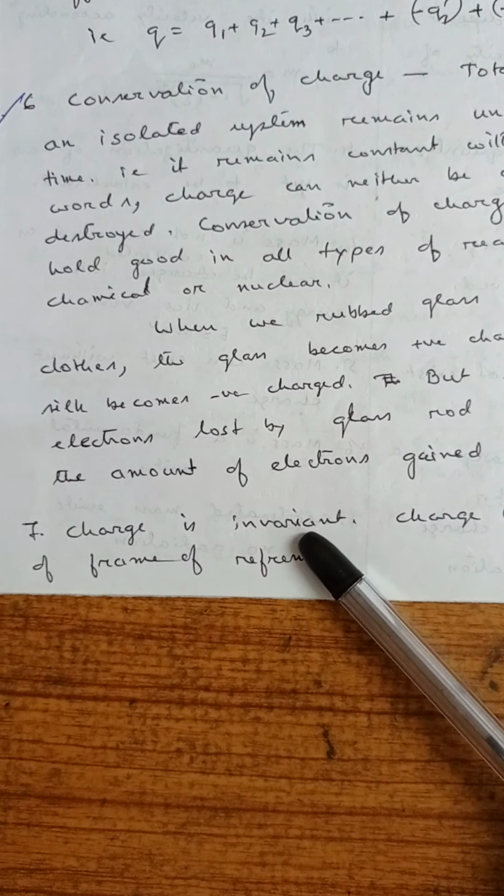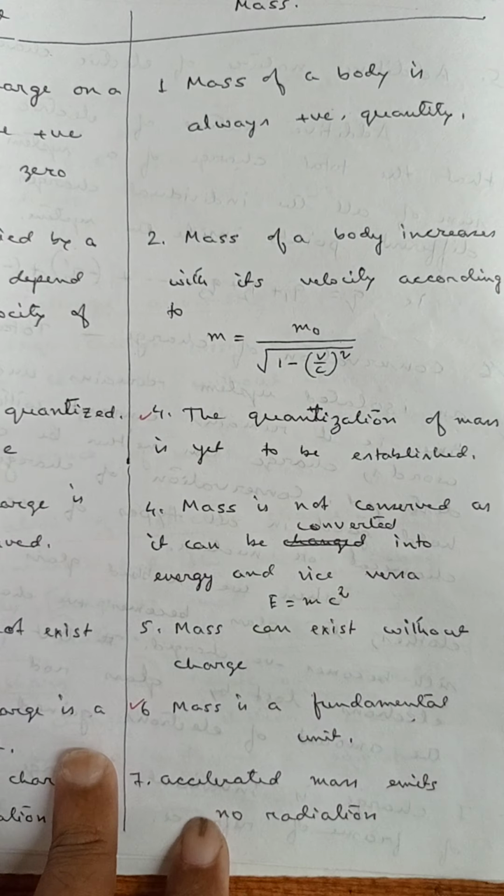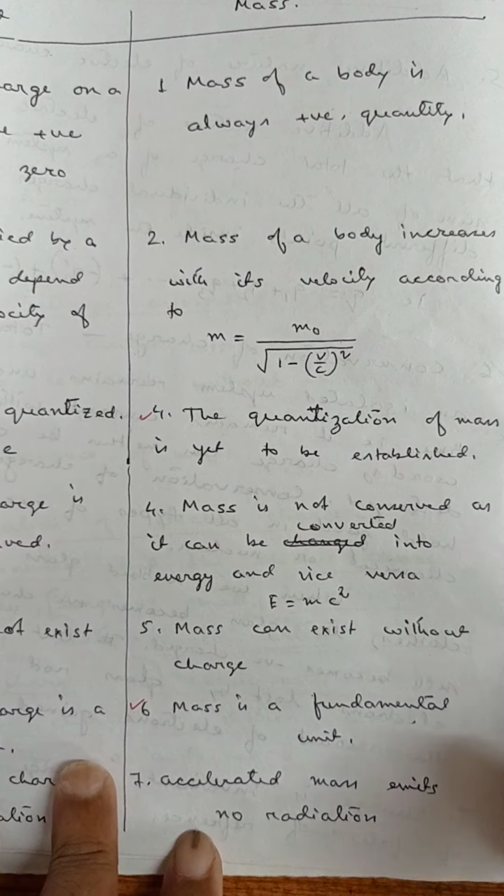But the mass of a body increases with its velocity according to this relation. That means mass is not invariant. Electric charge is always quantized. Charge acquired by a body always has a quantized value, Q is equal to plus minus Ne. But quantization of mass is yet to be established.